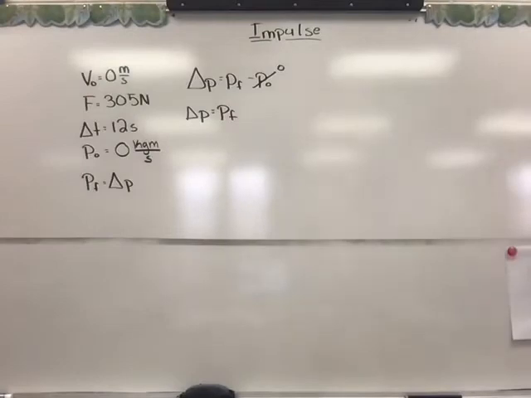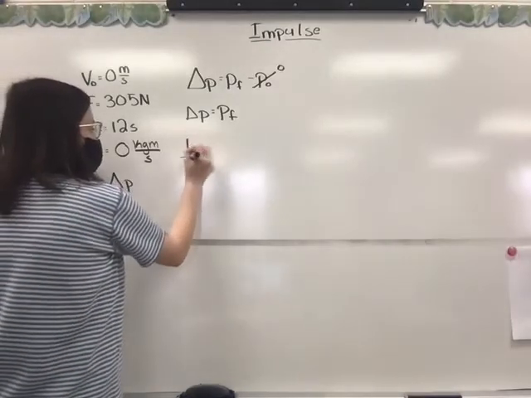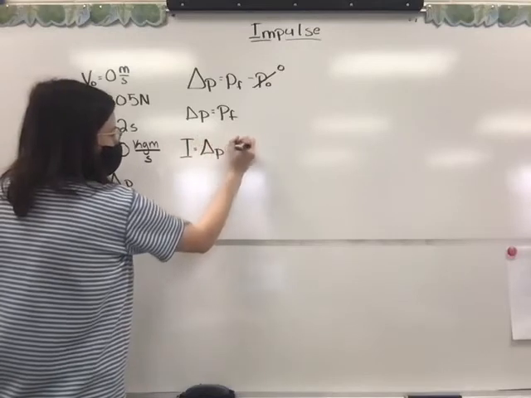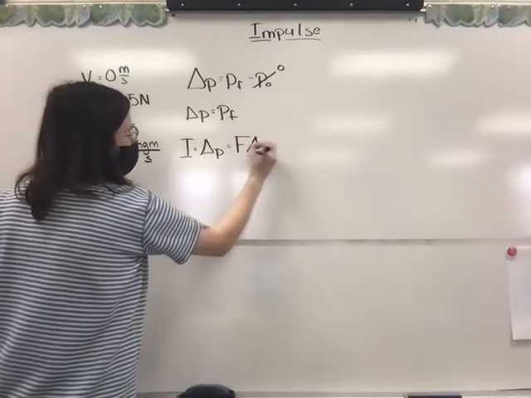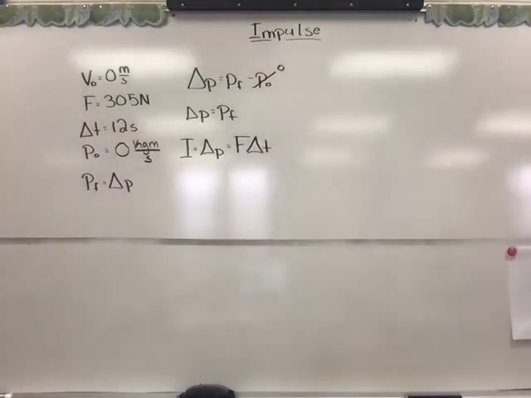All right? So using this information we have here, we don't have mass. So how are we going to find the change in momentum? Yeah, we know that impulse, which is the change in momentum, is equal to force times the change in time.